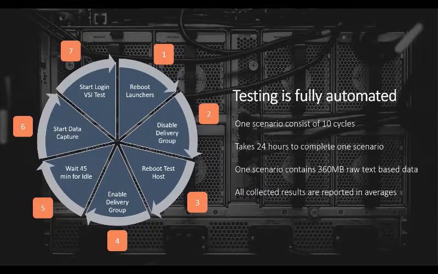It takes about 24 hours to complete 1 single scenario, and that's just 1. You need at least 2 to compare. 1 scenario results in about 360 MB of raw text data that we need to go through. And everything that we collect and publish are averages based on the 10 results.